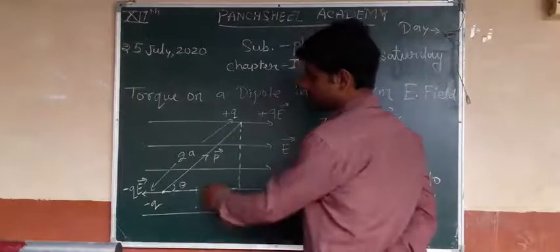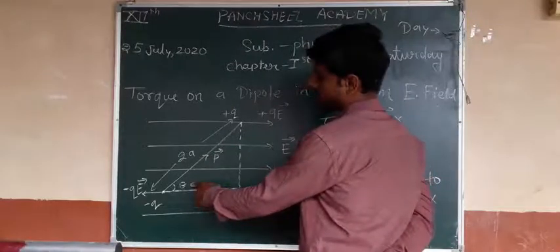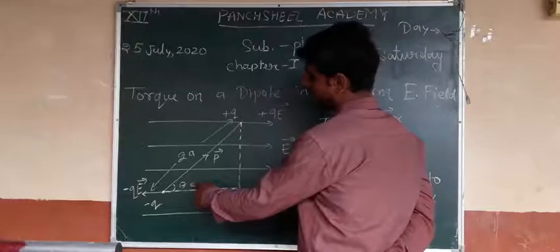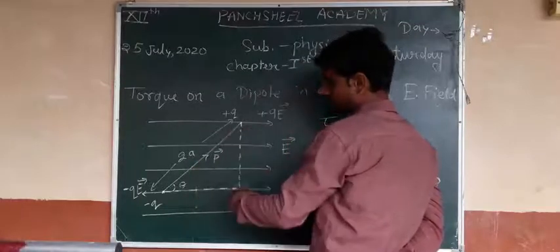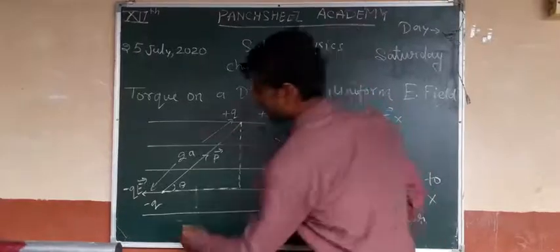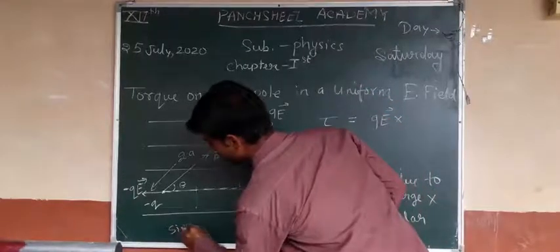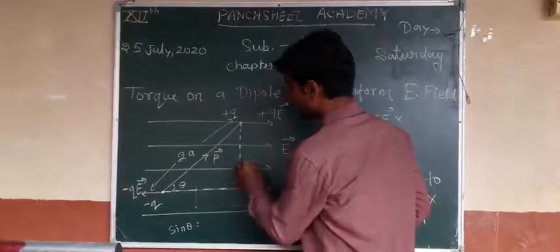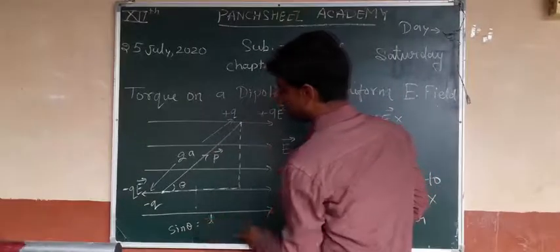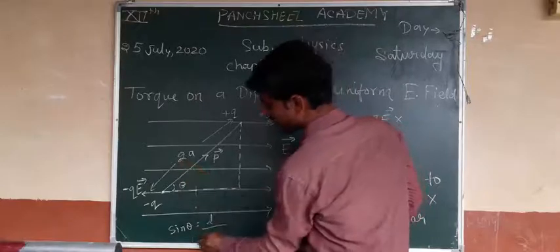So this angle is theta, and if this is 2a, then you can find this value using a trigonometric function. What is sine theta? Sine theta equals perpendicular upon hypotenuse. Suppose this perpendicular is L, and the hypotenuse is 2a.